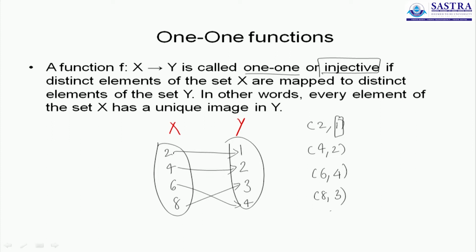All the images here are different, they are unique. For any element in x, the image is a unique image. Such a function is what you call a one-to-one function or an injection.